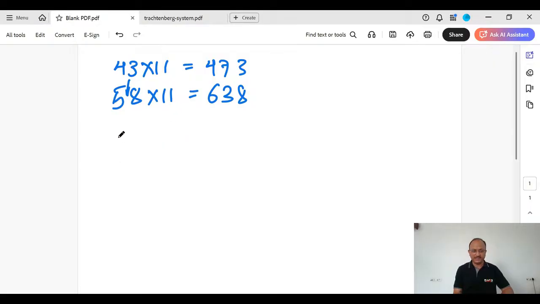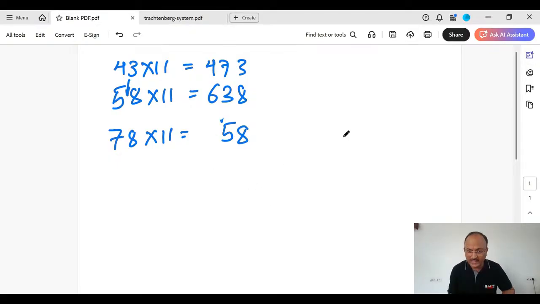Let us learn some new notation today and then proceed to further multiplication. Suppose I have 78 into 11. We'll write 8, then 7 plus 8 is 15, we'll write 5. In order to write a carryover, I'll just put a dot here. For carryover, we need not write 1 or 2 at all, because in this system, the maximum carryover you get most of the time is only 1.